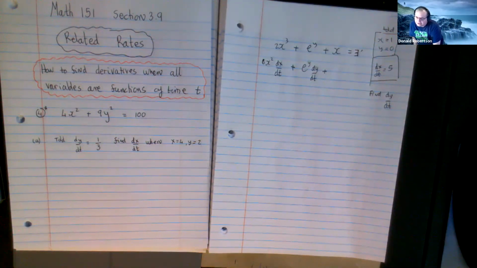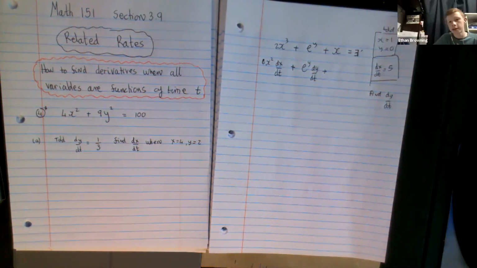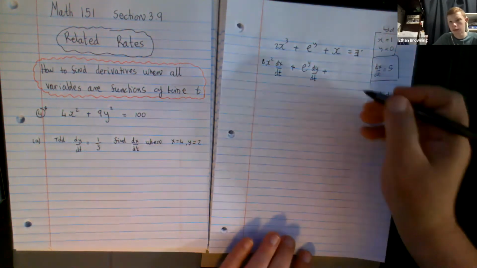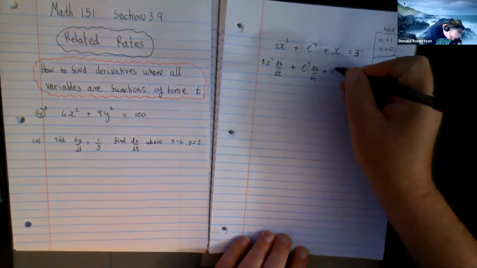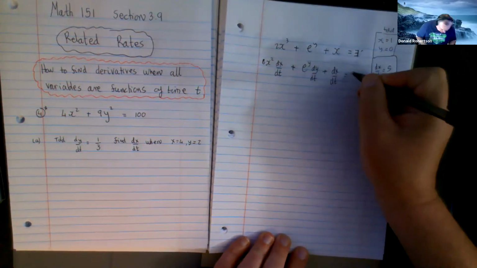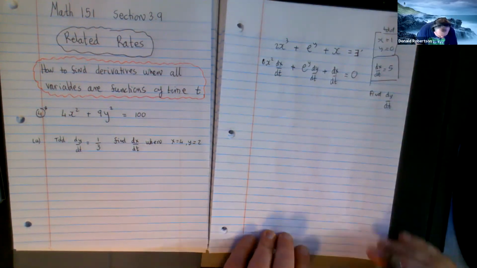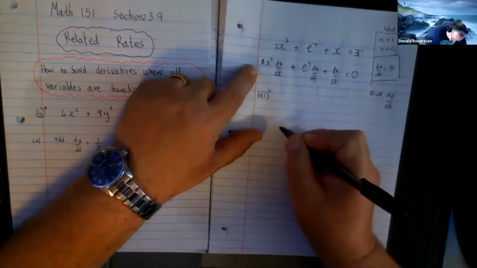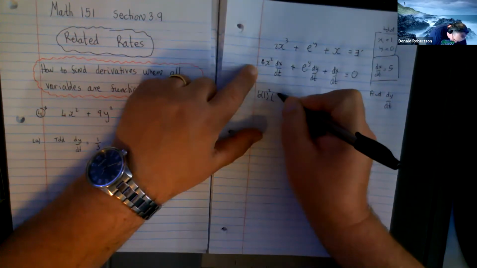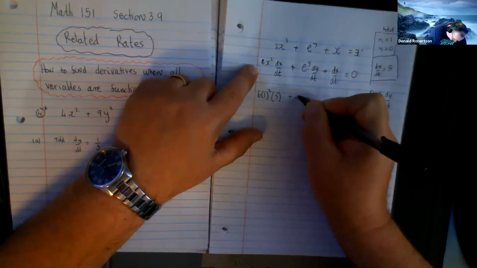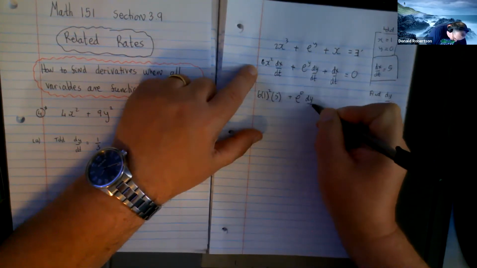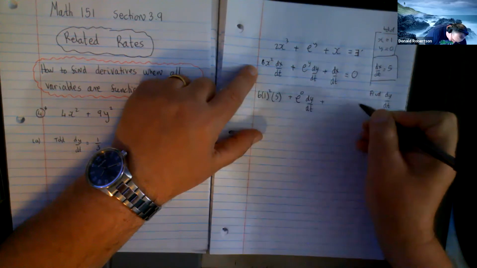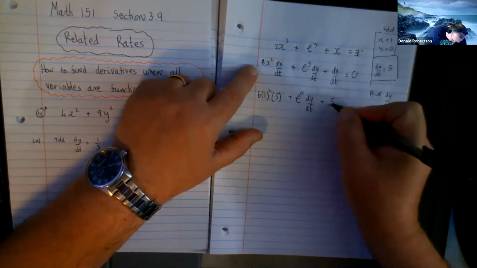What do you get if you differentiate x with respect to t? dx by dt. Technically 1 dx by dt, but nobody writes 1. And you got 0. Now, I know x is 1, so that gives 6 times 1 squared times dx by dt, which is 5, plus e to the 0 dy by dt, plus dx by dt, which is 5, equals 0.